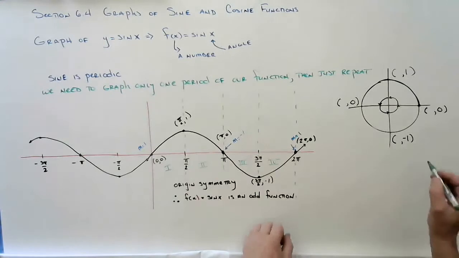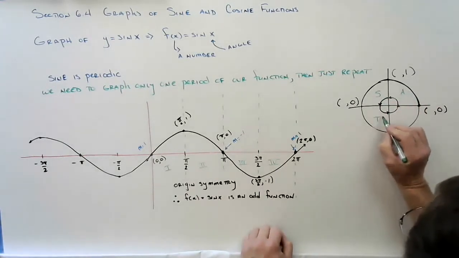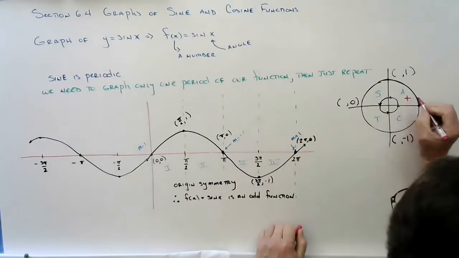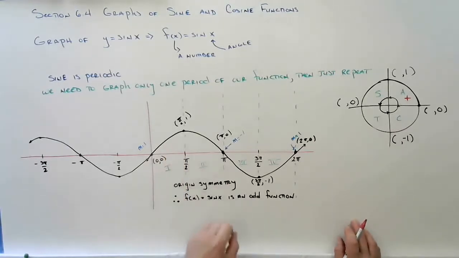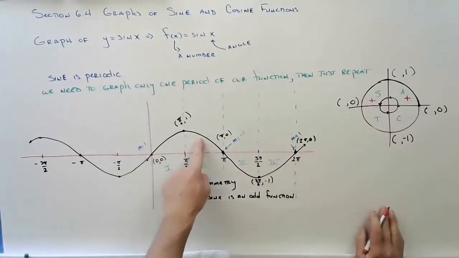Now take a look at what we said. We said all students take calculus. So we said sine was positive in quadrant 1. Look at the graph. It's above the x-axis. That graph is positive. We said sine was positive in quadrant 2. Look at the graph.